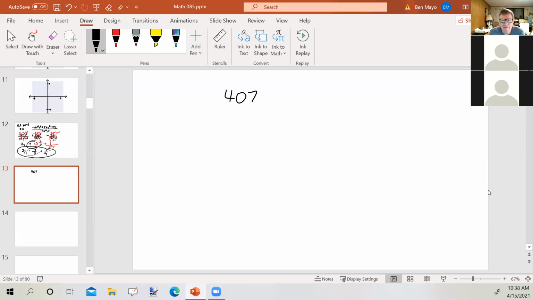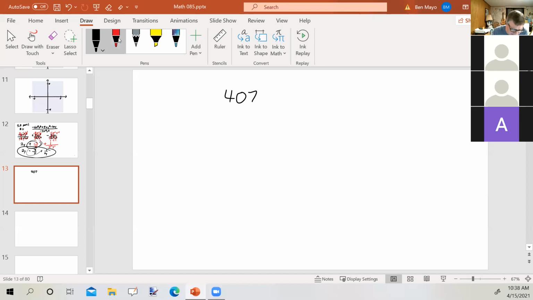Because there's no tens value. So what does that 0 represent? Nothing. Well, the 4's in the hundreds value, that was the tens value, but there's no tens. So it's a placeholder for the tens.